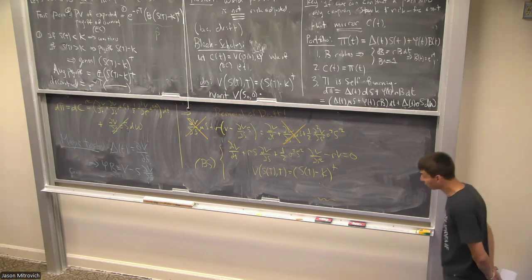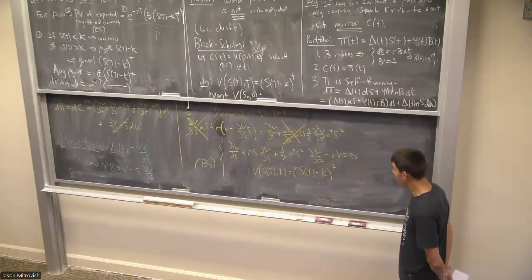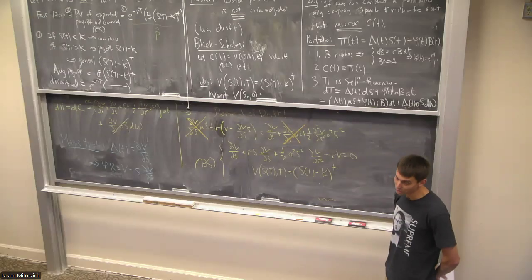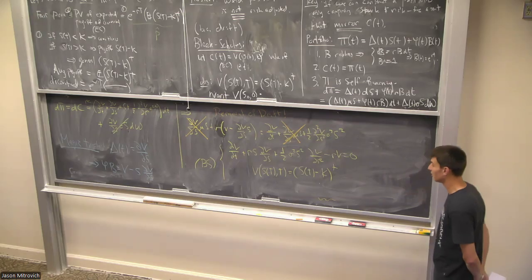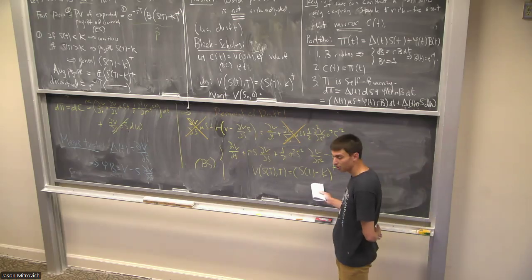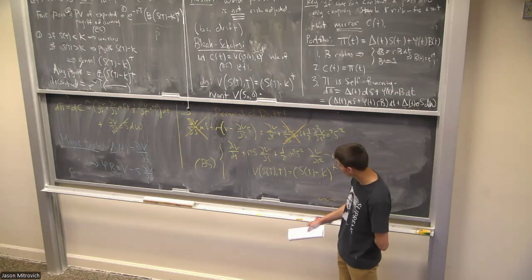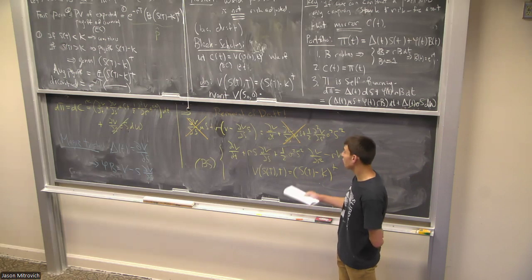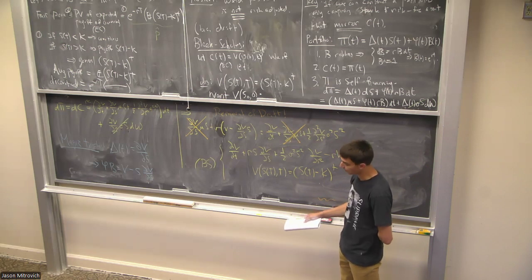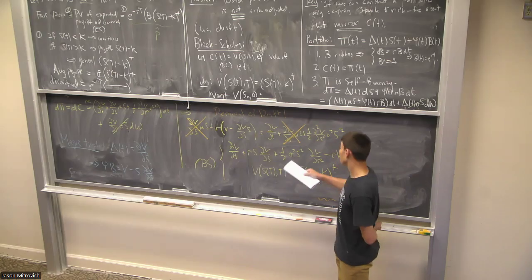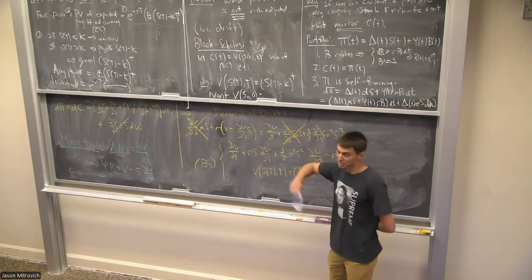If you make a few changes of variables, this thing will become the heat equation, and you can solve the heat equation by convolution. This terminal condition will become a boundary condition in the reduction, and you can solve the heat equation with that boundary condition. And what you can then do is reverse the entire process.